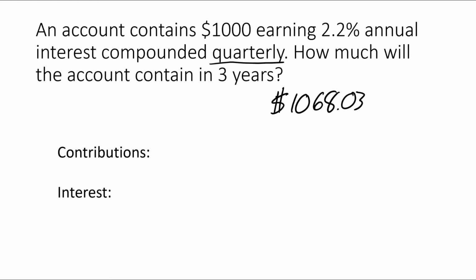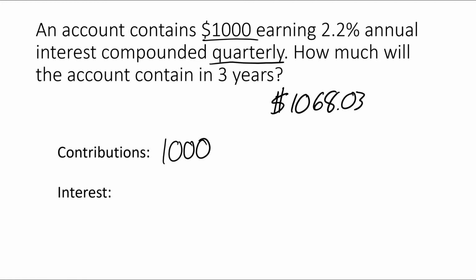So contributions is how much did this person put in? Well, from what we know, they put in $1,000. So $1,000 would be their contributions. The interest, this is not complicated. It's not complicated to calculate this interest, although some people try to make it more complicated than it is.